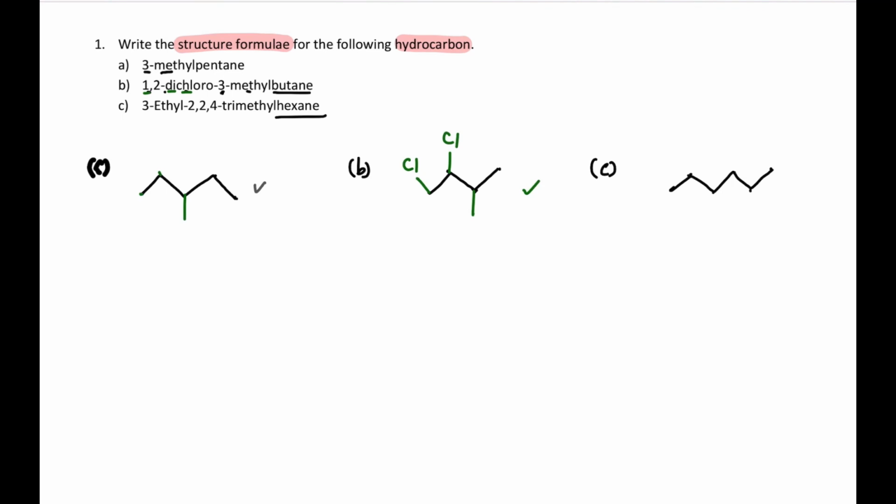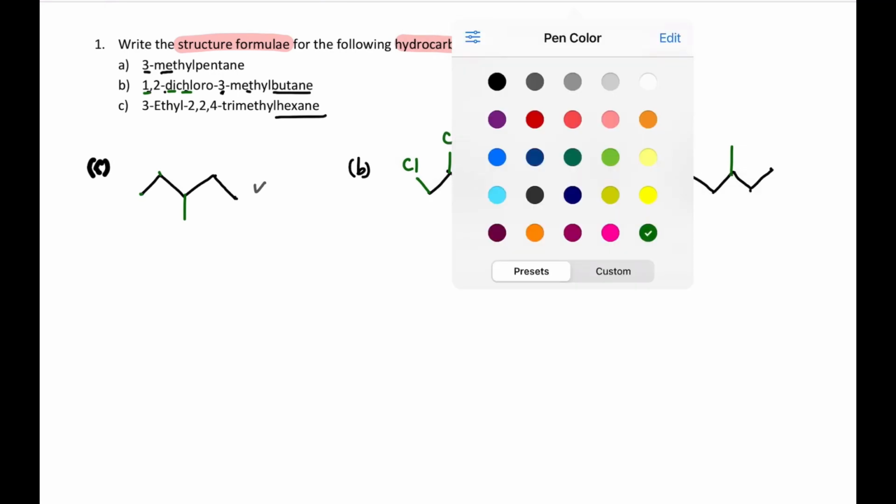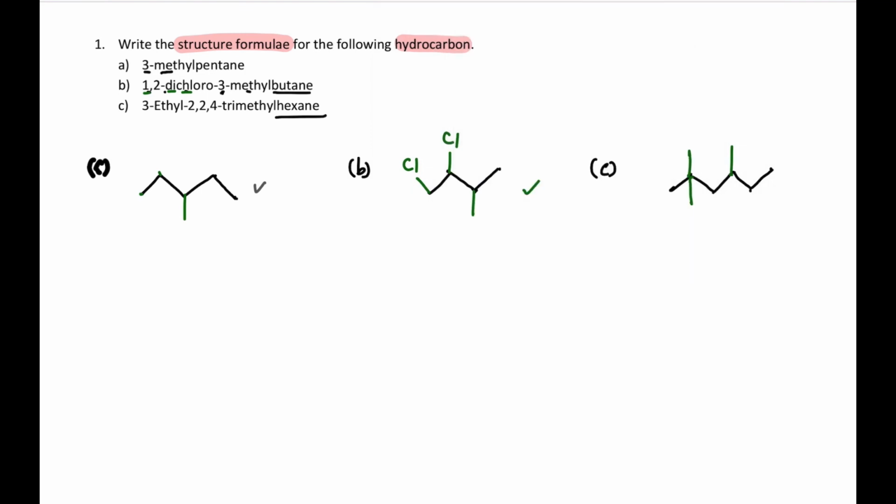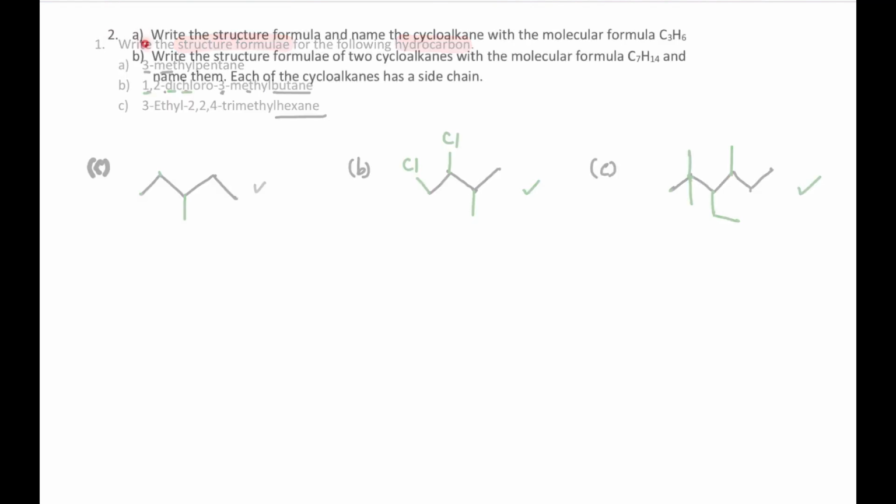So at carbon number 2 and carbon number 4 we got methyl, and carbon number 3 we got ethyl. So sorry, this is number 3. 1 2 3, it's ethyl. Yes, there you go. That's it for number 1.